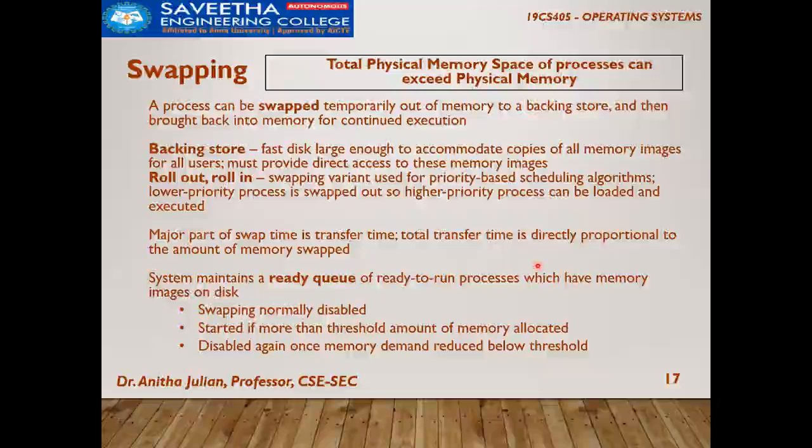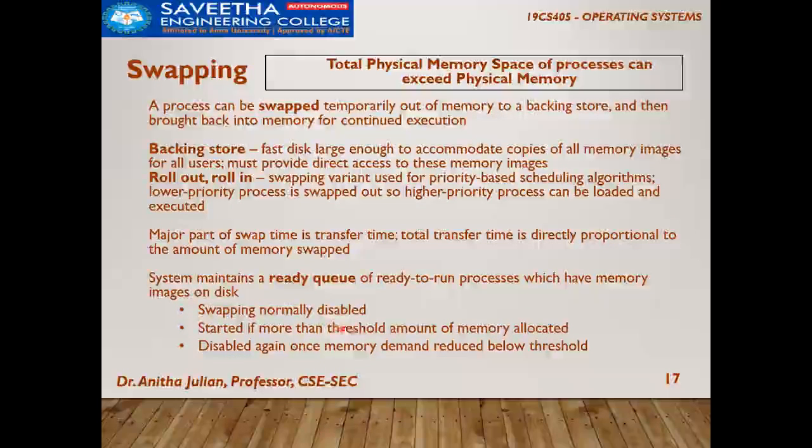We will be studying more about all these techniques a little later. The main thing we have to know is that there is a swap time, which is nothing but the transfer time, and the system maintains a ready queue for this swapping to happen.